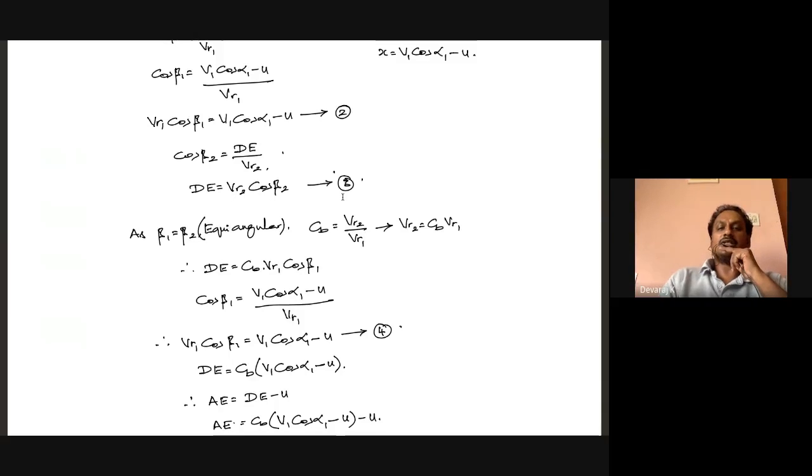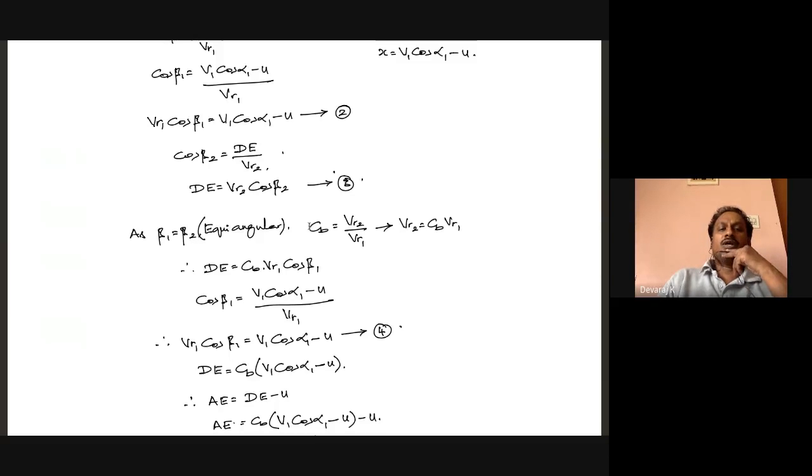Let me call that equation number 3. We have already taken that it is an equiangular wheel, so beta 1 is equal to beta 2, and CB is equal to VR2 by VR1, so I can write VR2 is equal to CB into VR1.